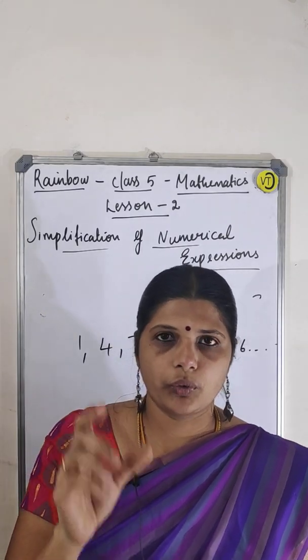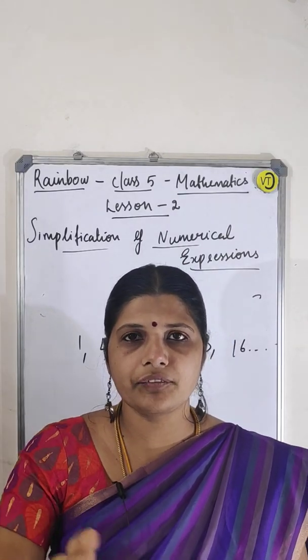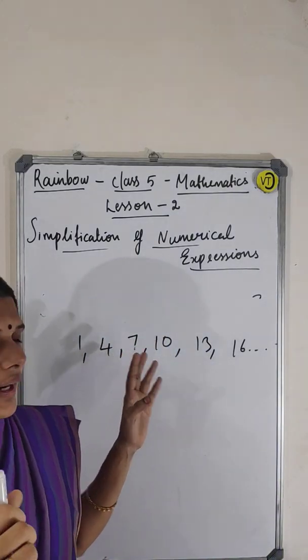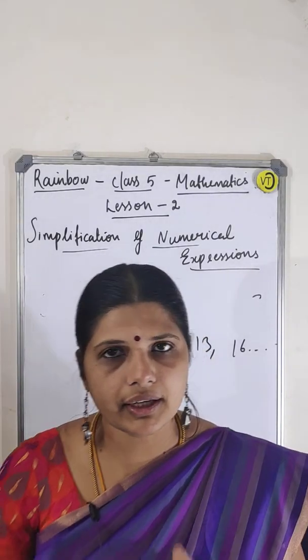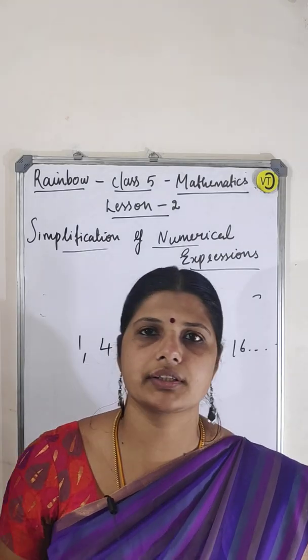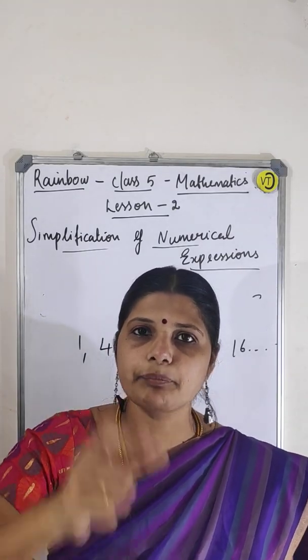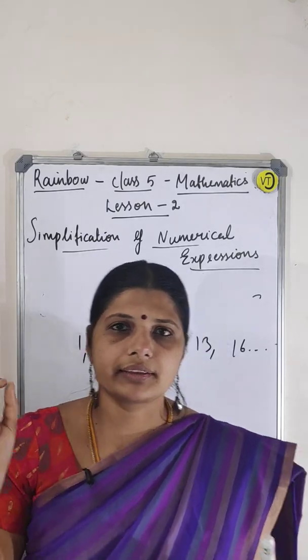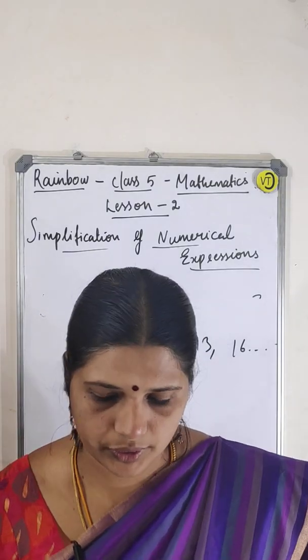So the one thing they will be following throughout, either in multiplication, addition, or division, whatever it is, the same pattern has to be followed for each and every term. That is a pattern. Okay.